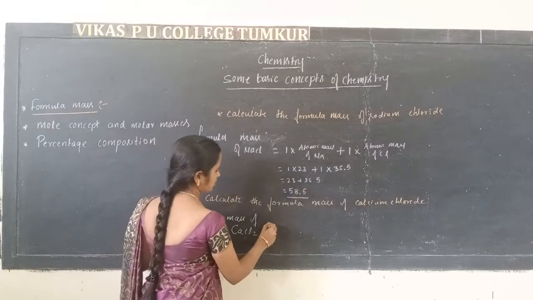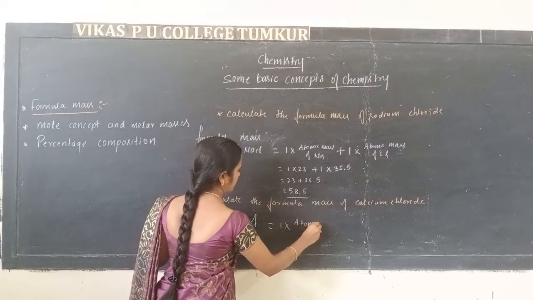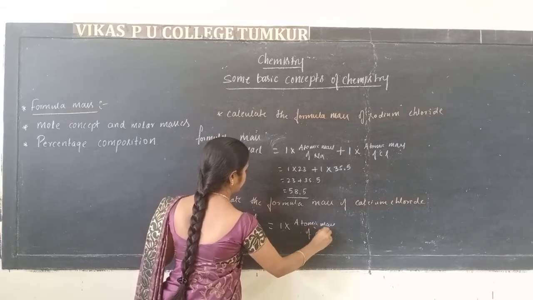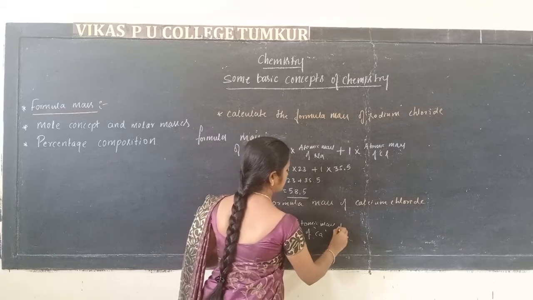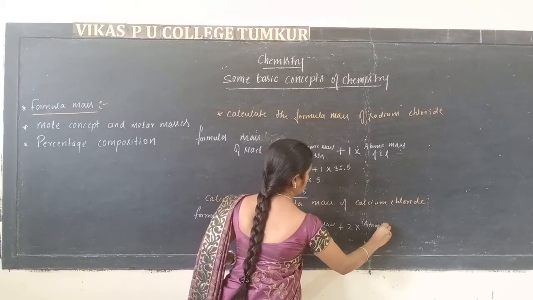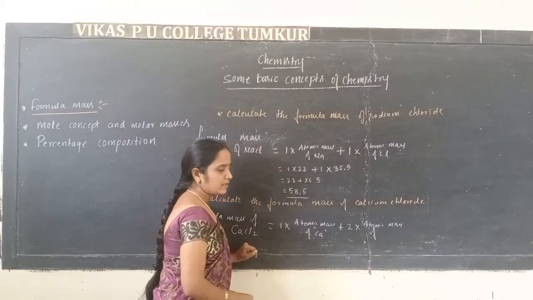The formula mass is equal to 1 into the atomic mass of calcium plus 2 into the atomic mass of chlorine.